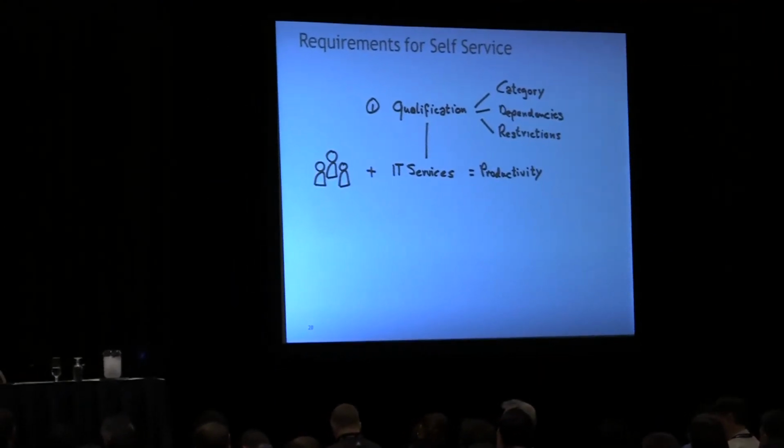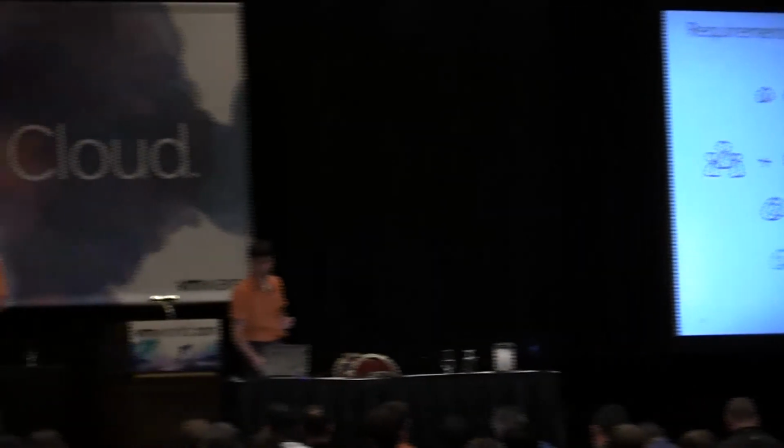Once you know that they qualify, you need to consider how to deliver this service, and most important, how to deprovision this service. My experience, and maybe we share the same experience, is that the longer you work for an organization, the more permissions you have.